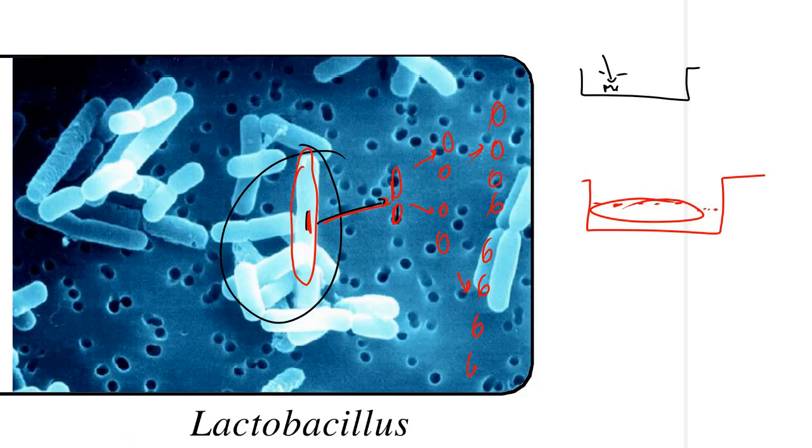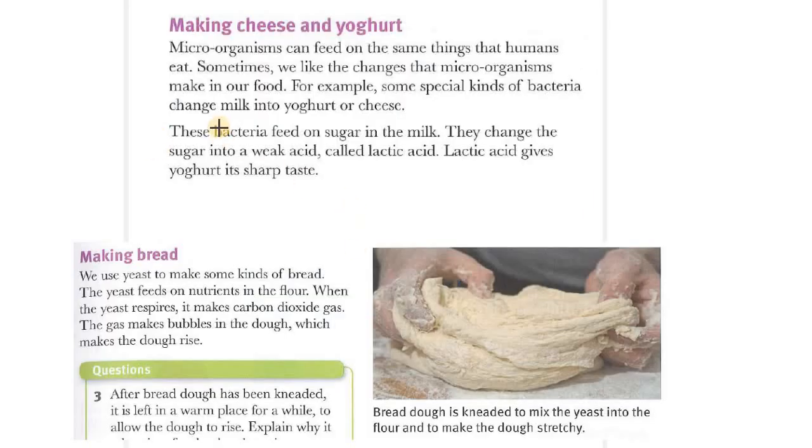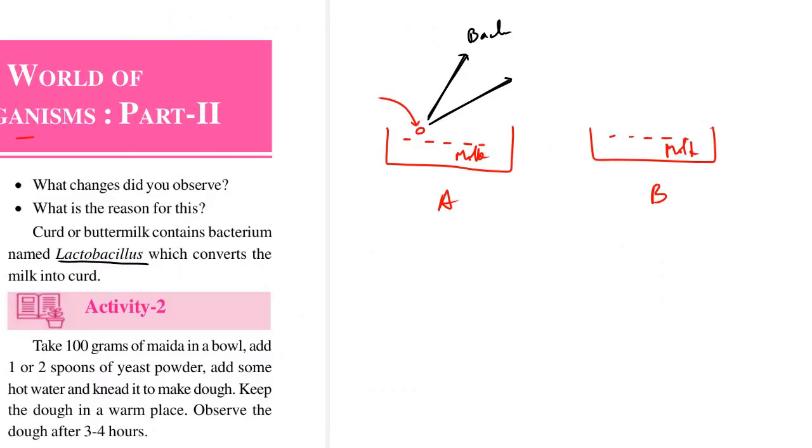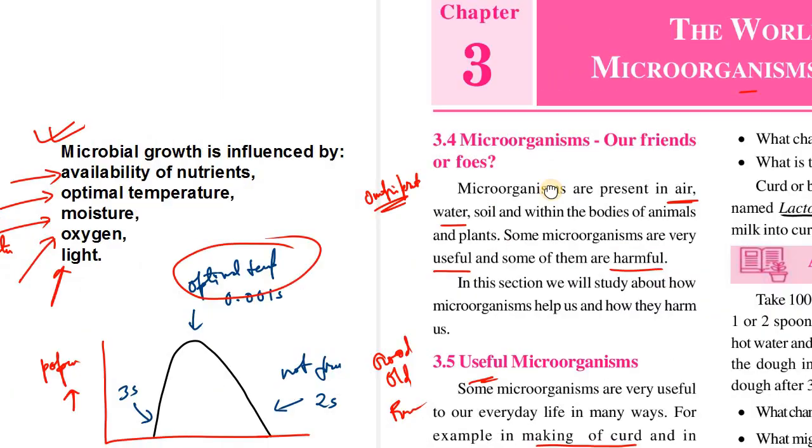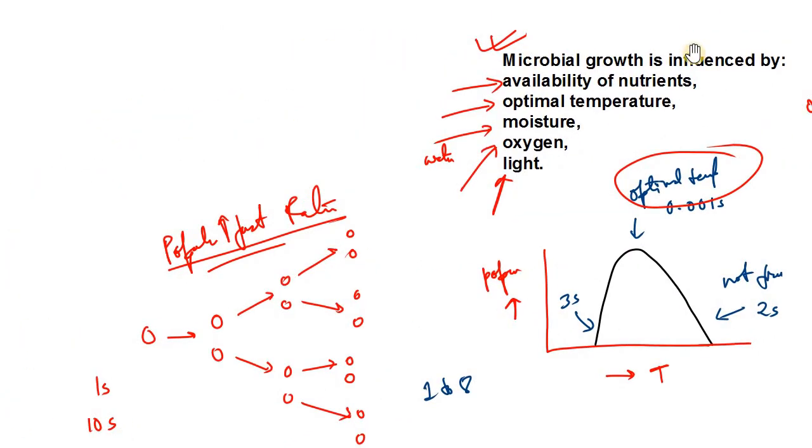So let's learn about it. Effectively we are talking about changing milk into yogurt or curd. Lactobacillus bacteria feed on the sugar in the milk and they keep on multiplying. Remember the factors I told you about? They multiply depending on several factors.